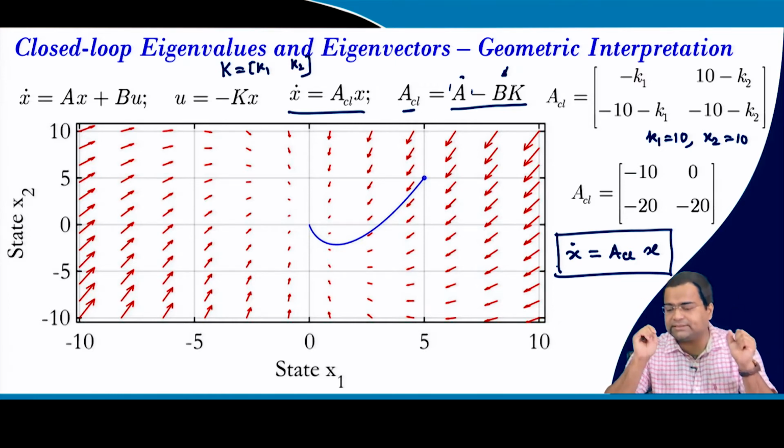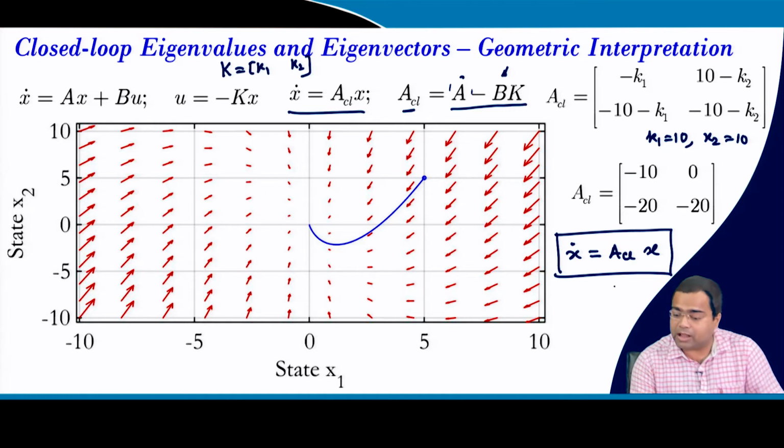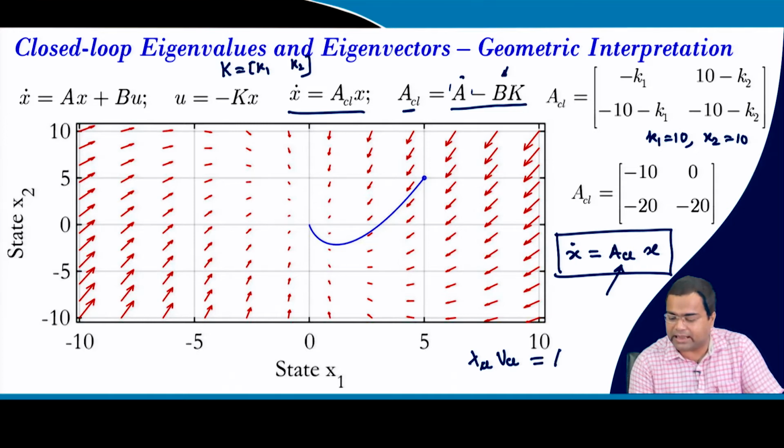Now, the next question is, in the closed loop system design, what do we do? We generally consider the closed loop eigenvalue, right. And again, if we write the closed loop eigenvector, this is nothing but A closed loop into V closed loop, and these are the eigenvectors of the closed loop system, right.